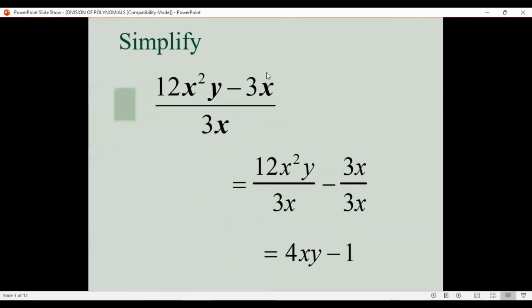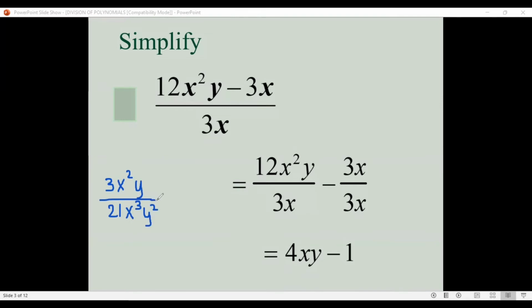Now, what if there is a certain case wherein you cannot divide, let's say, for instance, you have 3x raised to the second power, and then there is y, and you are dividing this by, let's say, 21, and then x cubed y raised to the second power.